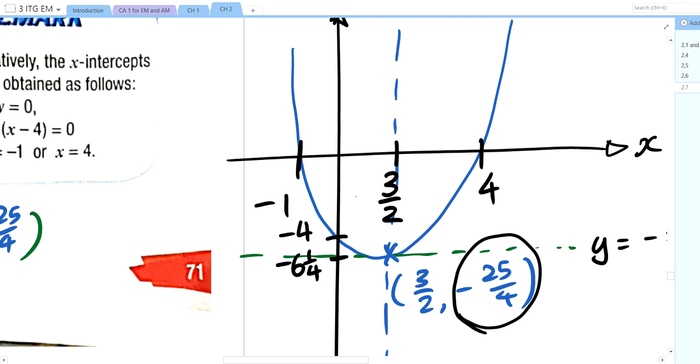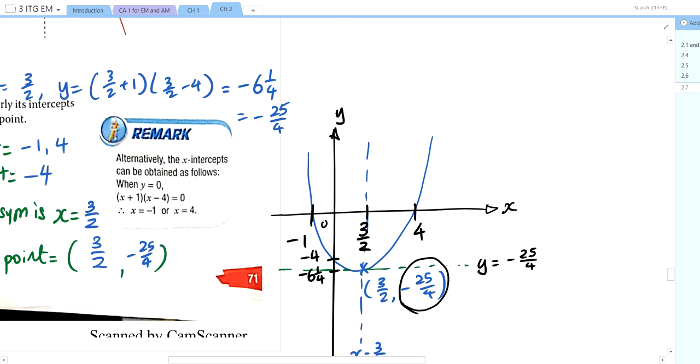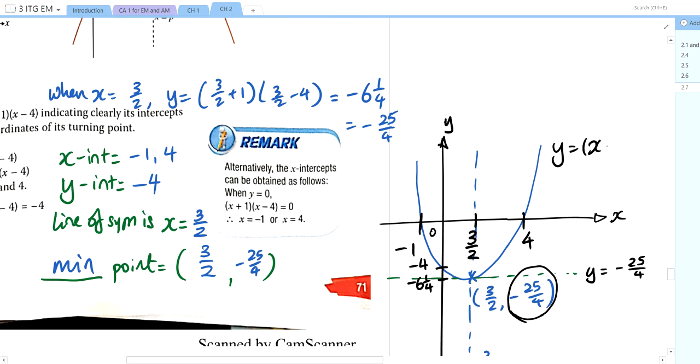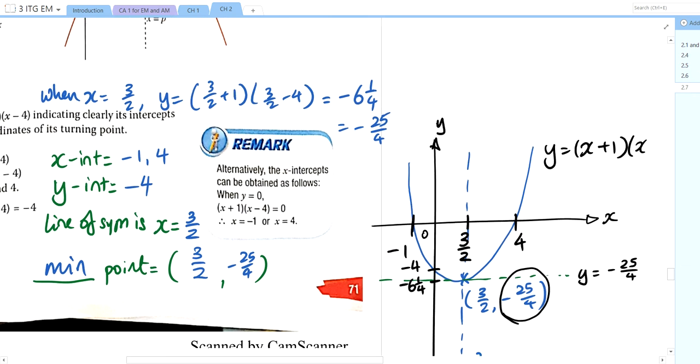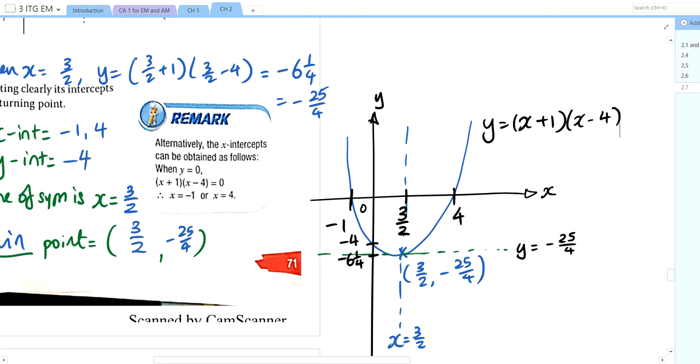Remember, we are not plotting. It does not have to be to scale. We are just sketching. So with this, we are actually happy with it. Put in the 0, y equals x plus 1, x minus 4. Okay? So this is the answer. Alright?